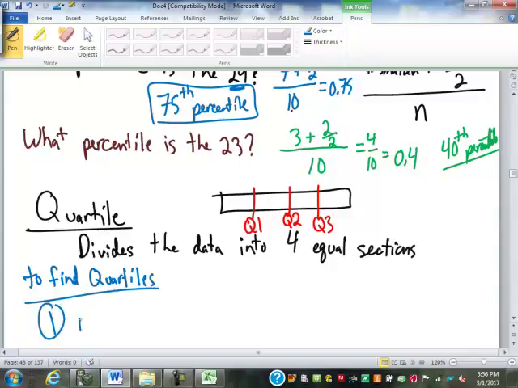Step 1, put the numbers in order again, from smallest to largest.